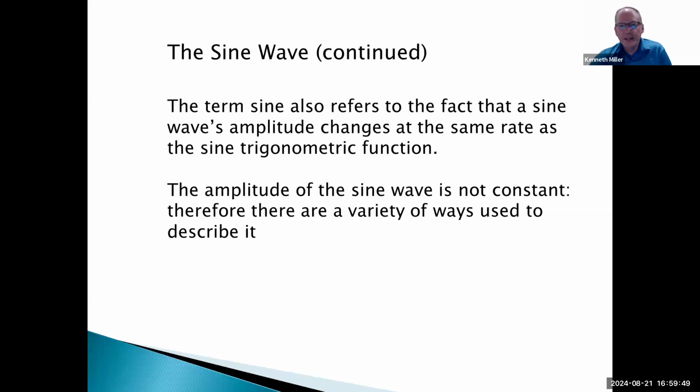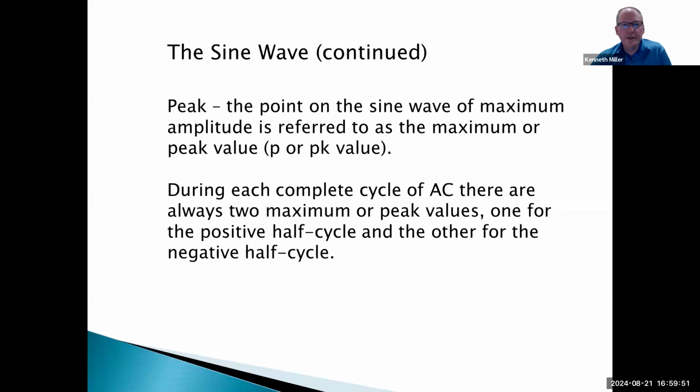All right. Now, the term peak is referring to the point on the sine wave of maximum amplitude. And then it's either the maximum or the peak value, which will normally in our textbook be referred to as VP. And then if you see peak to peak, it's VPP, okay, with the capital V and then the subscript PP.